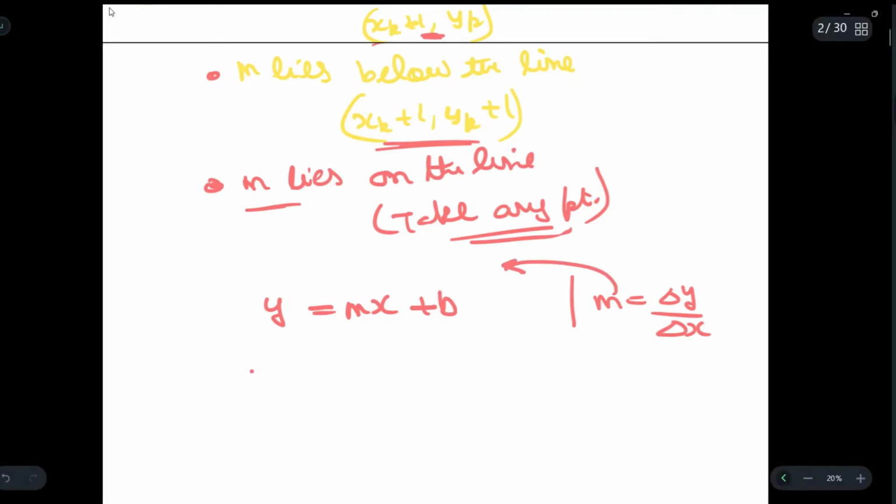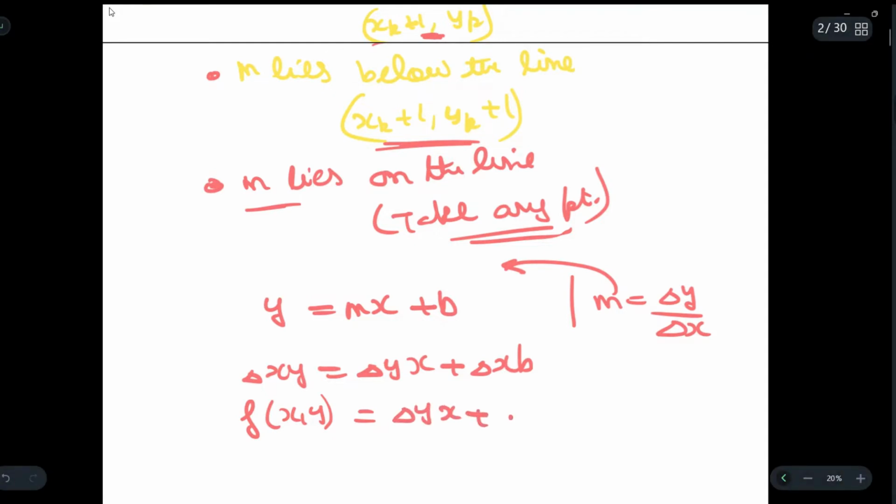On doing so, you will get del x times y is equal to del y times x plus del x times b. Now we can write this as a function of x comma y: del y times x plus del x times b minus del x times y. Now this is a function with respect to x and y.